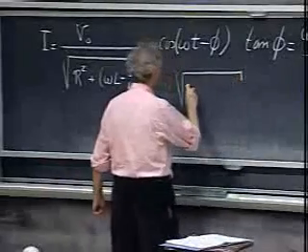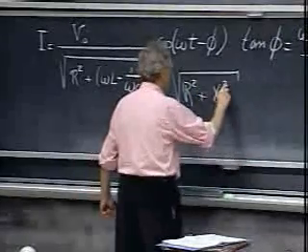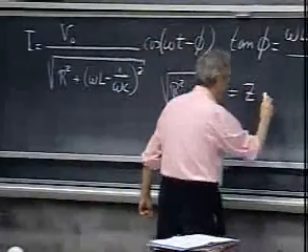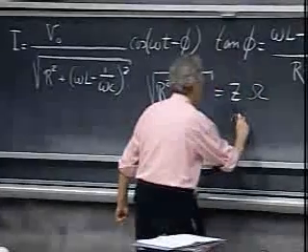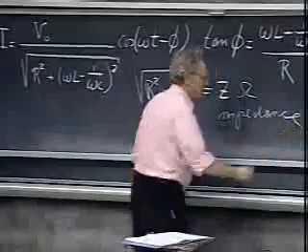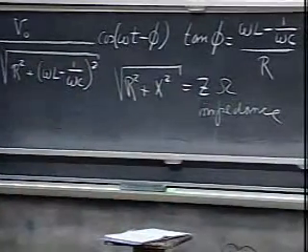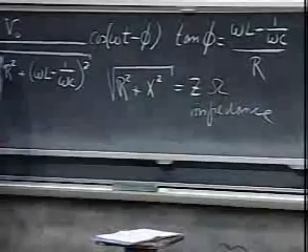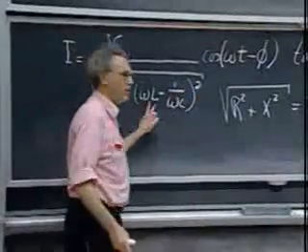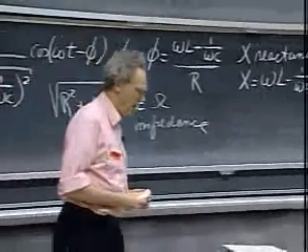So the square root of R squared plus X squared equals Z. That also has units of ohm, and that is called the impedance. And so Z is an effective resistance, because this whole thing behaves like a resistance. But the resistance depends not only on R, L, and C, but also on the values of omega.